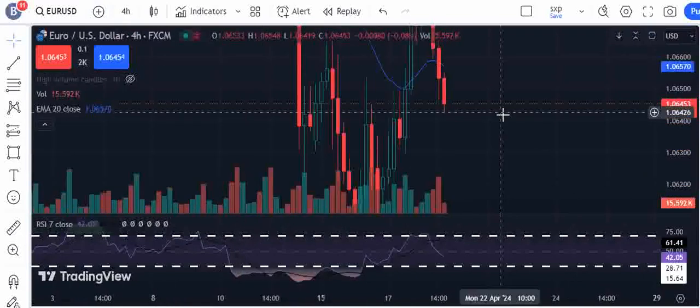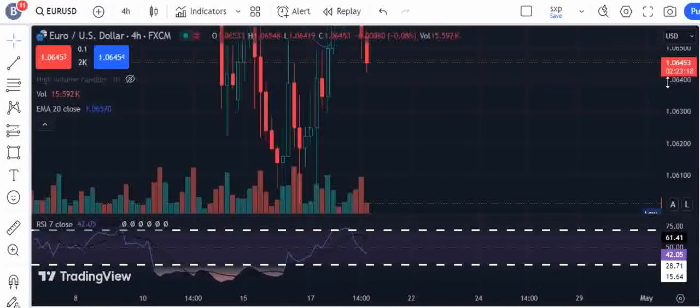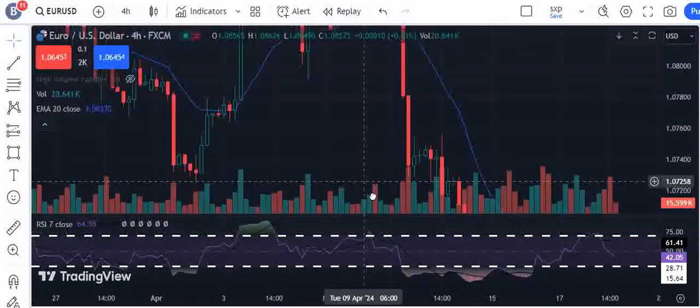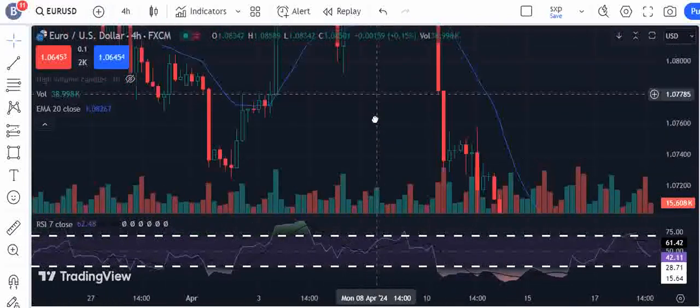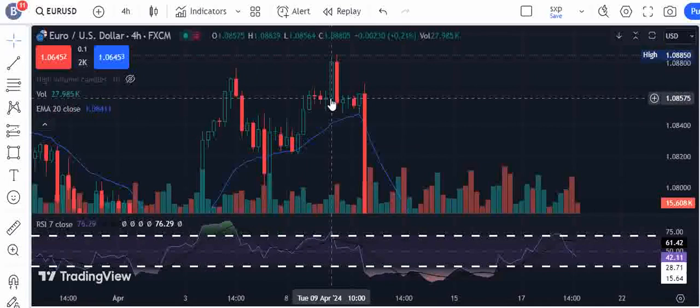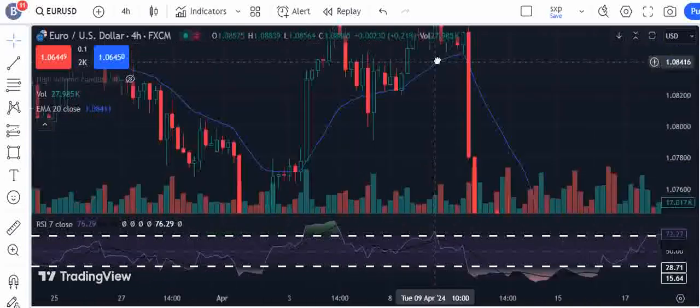So in the 4 hour time frame, let's see if we can see any form of order block in this trade. So you see, well, this is 27,000, 44,000. So there is no order block here.